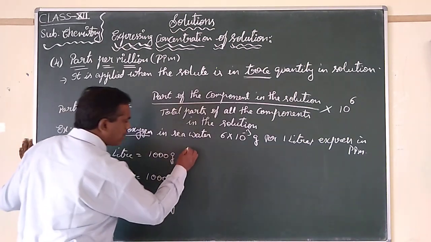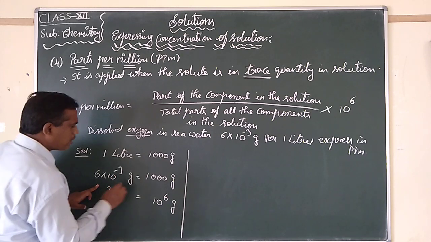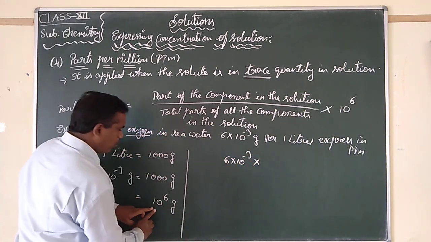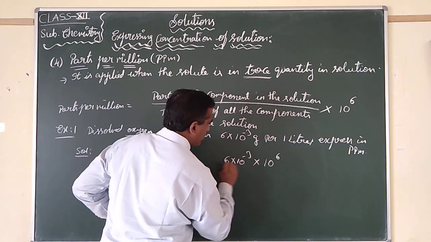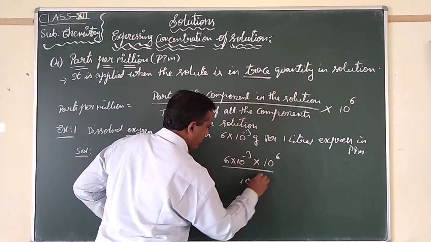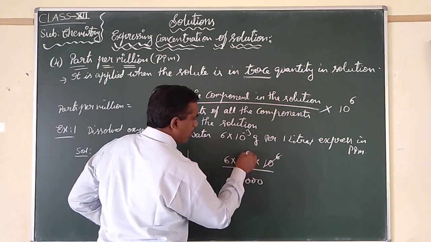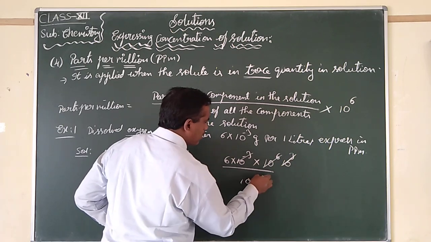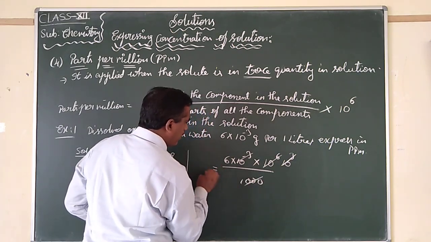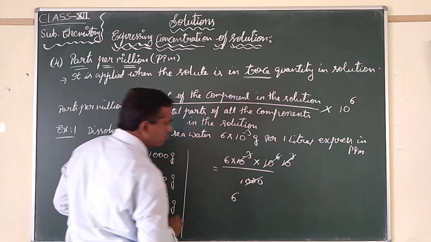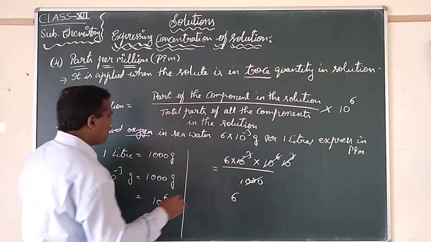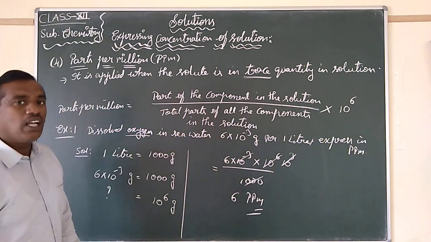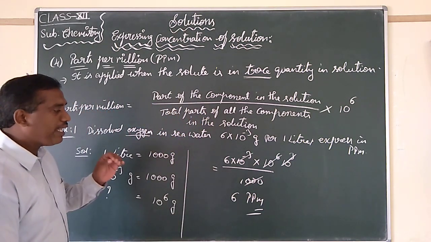Shall we use the crisscross method? 6 into 10 to the power of minus 3 into 10 to the power of 6 by 1000. The 10 to the power of 3 cancels with 1000, and we have only 6. This means 6 parts per million is present.